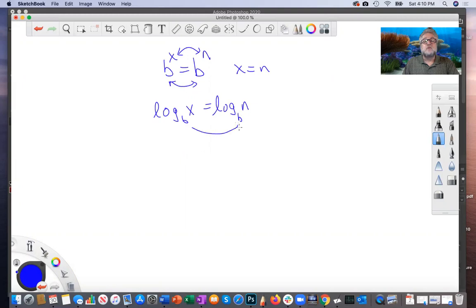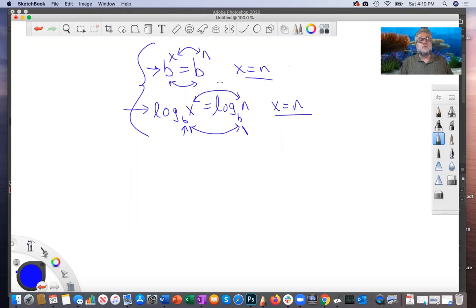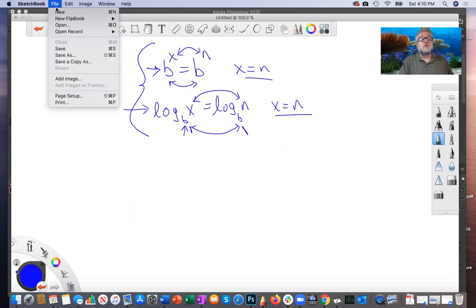If the bases are the same, then these things got to be the same. Okay? When they're in the same form, they got to be the same. So this is going to be our strategy. Can we get something to look like this, or can we get something to look like this where the bases are the same so that we can do this to solve the problem? Okay? That's our strategy here.